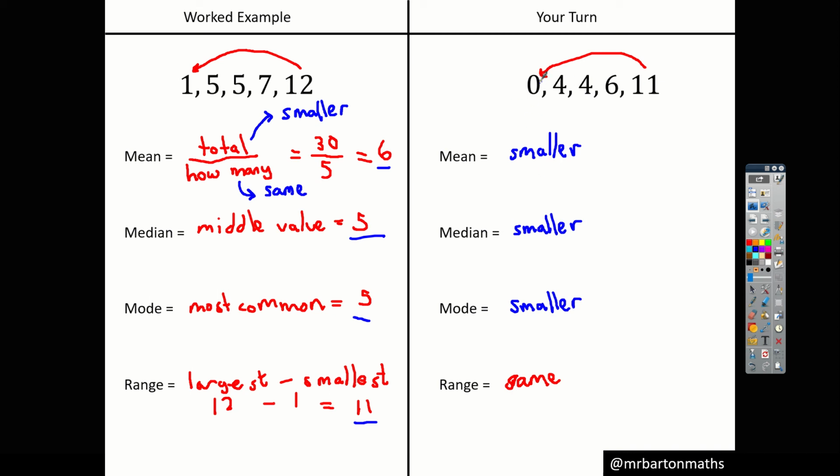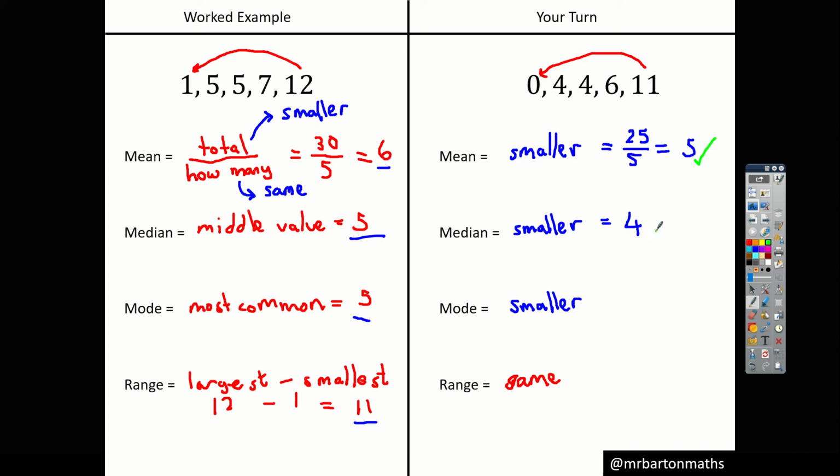The mean is the total. The total is going to be 0 plus 4 plus 4 plus 6 plus 11. That's 25. How many numbers do I have? That's still 5. And the mean is 5. And indeed, it has got smaller than the 6 that it was. For the median, we can look in the middle, and as we said, it's gone from a 5 to a 4.